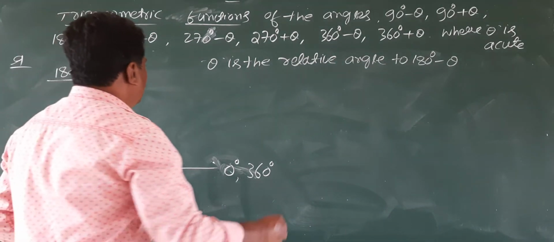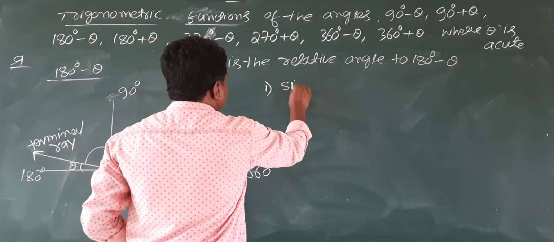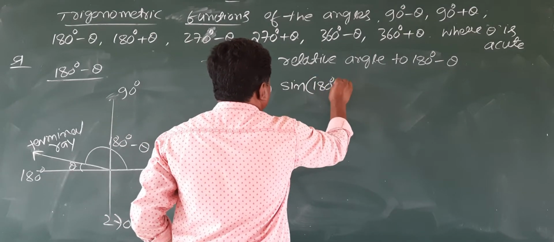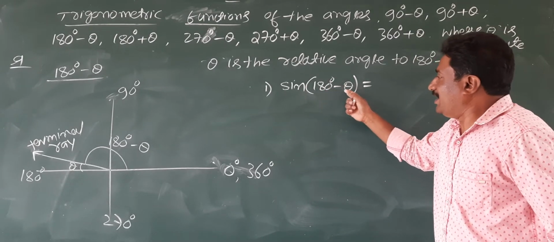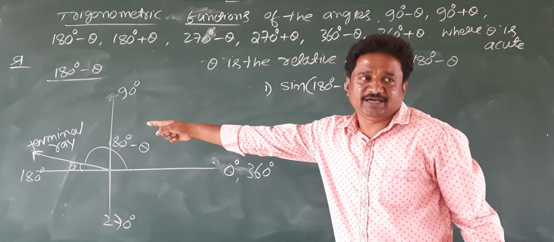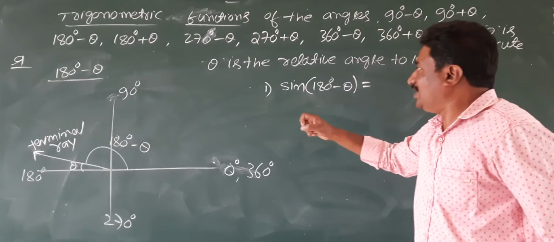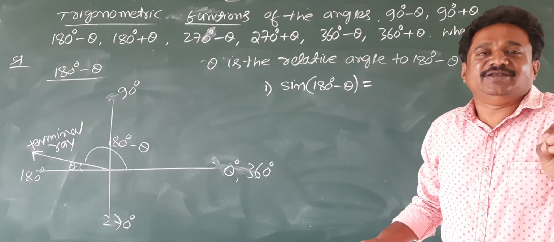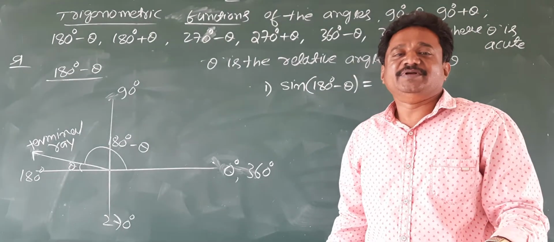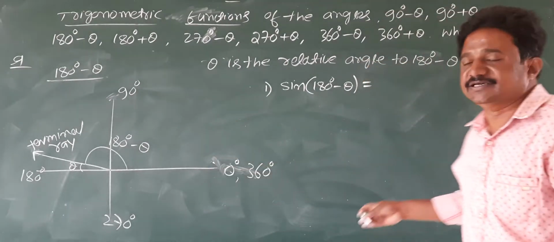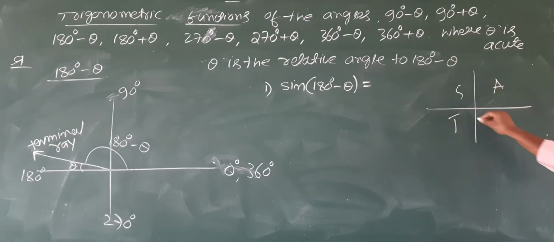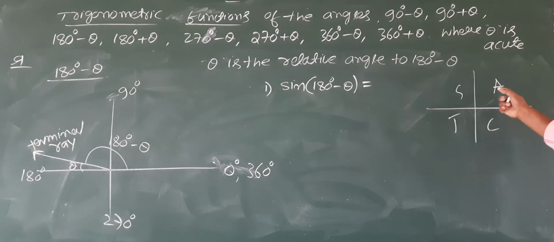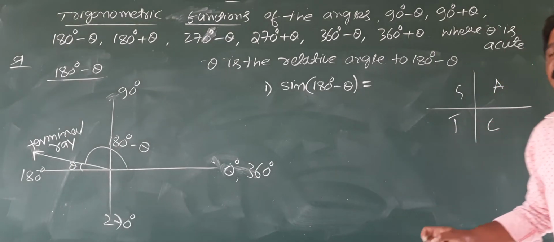So right, now you take one by one. Sine 180 degree minus theta. Clearly, the angle 180 degree minus theta belongs to the second quadrant. In the second quadrant, all sine values should be positive. All sine values, ASTC. Have I explained this ASTC in the class? According to ASTC, in the first quadrant, all trigonometric functions take positive values.